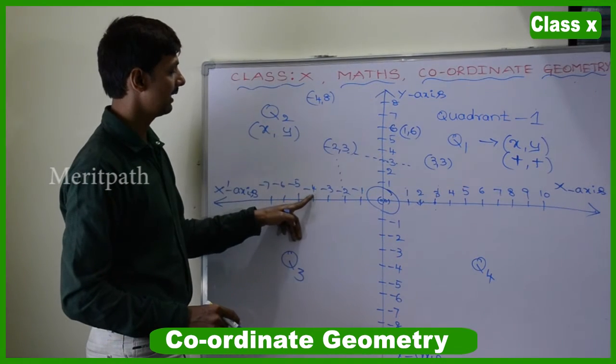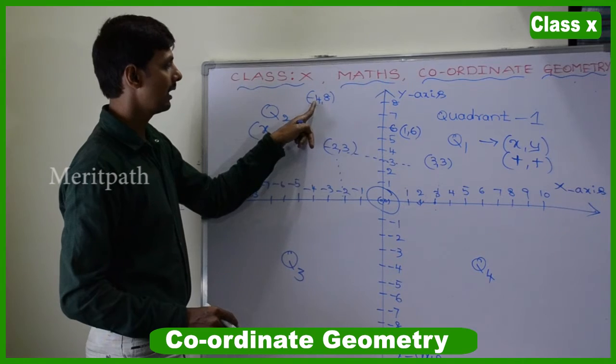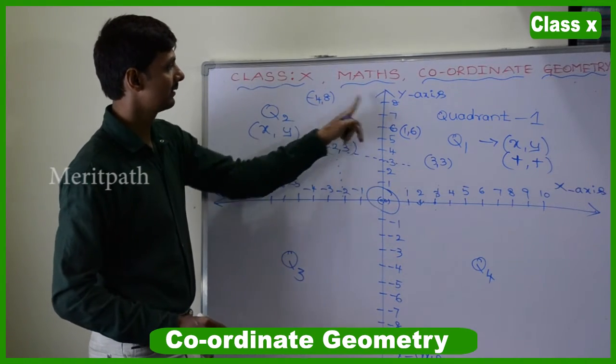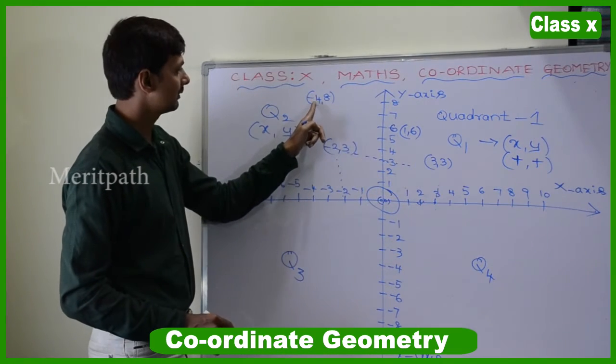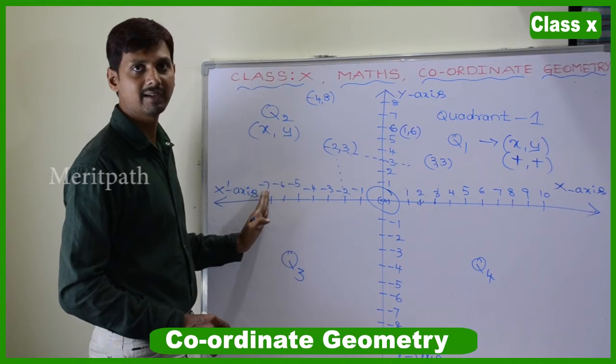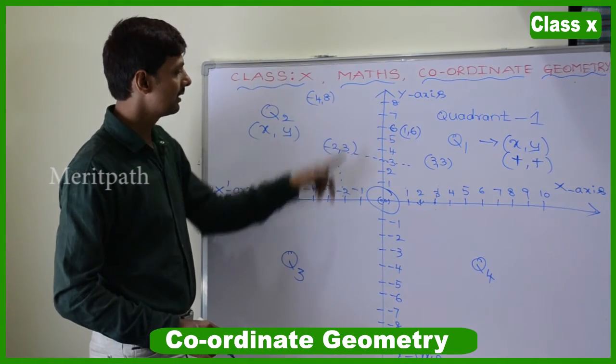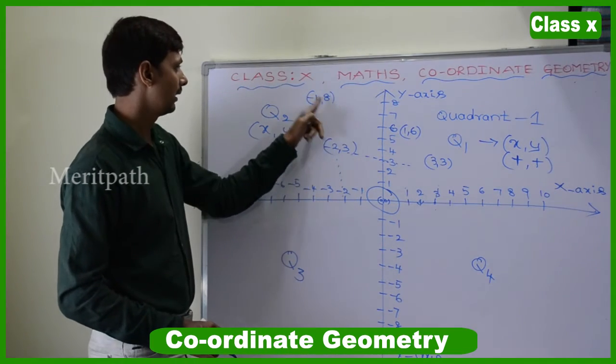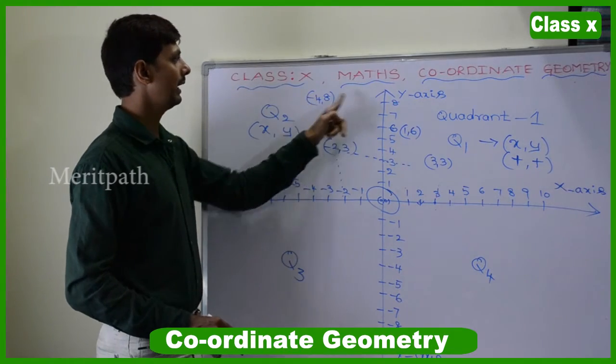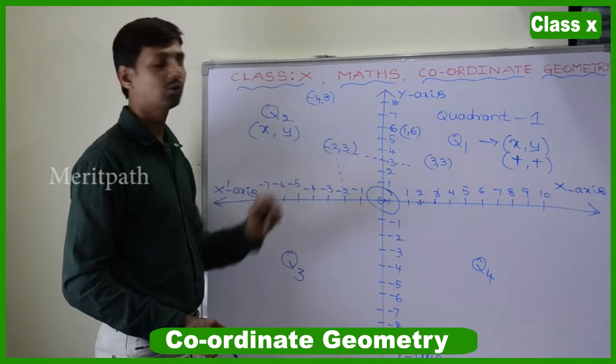The distance from the x-axis is 8. And the distance from the y-axis is 4. So that is the reason here it is the negative side of the x-axis, that is the reason here -4 and 8, -4 comma 8.